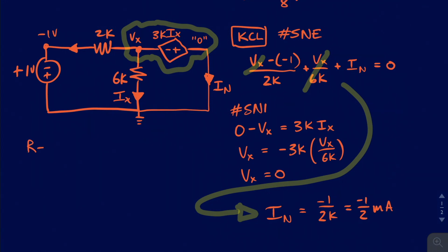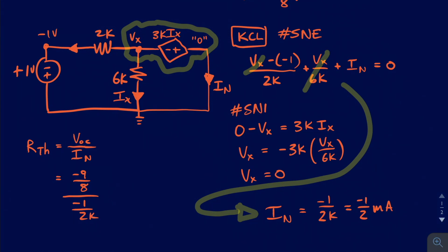RTH is simply going to be VOC divided by I Norton, and so we'll have minus 9/8 divided by minus 1/2. And you can see how the negative signs cancel out because you really can't have a negative resistance usually.